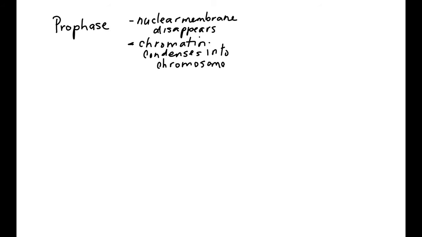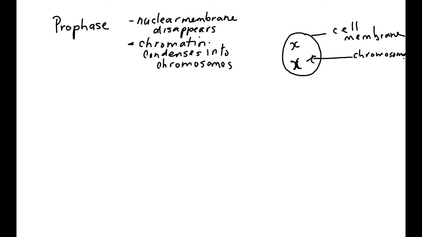Chromosomes. There we go. Okay. So just draw 3 X chromosomes. Label your chromosome and your cell membrane. So these are held together with a little dot called the centromere.